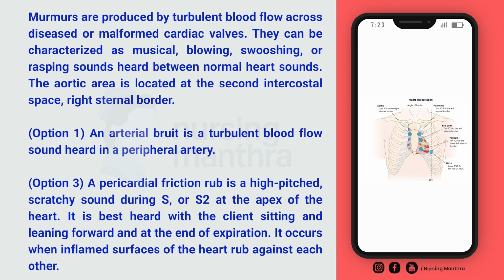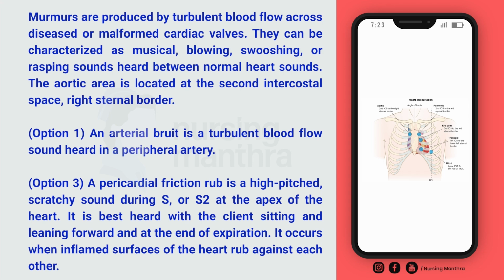So why did I select the answer murmurs? Murmurs are produced by turbulent blood flow across diseased or malformed cardiac valves. Murmurs can be characterized by a musical, blowing, swooshing, or rasping sound heard between the normal heart sounds.